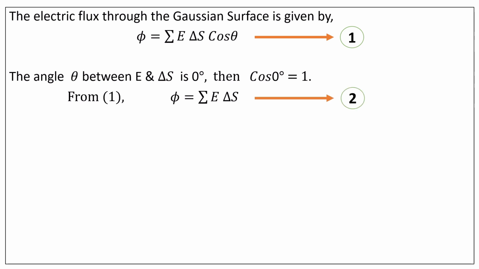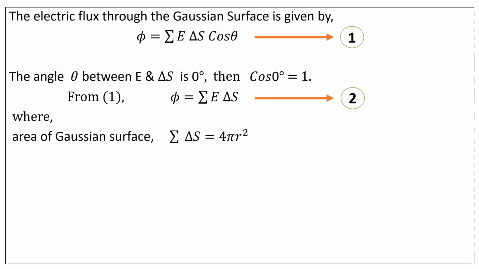From 1, phi is equal to summation of E into delta S. Equation number 2, where area of Gaussian surface, summation of delta S, is equal to 4 pi r square. Substitute in equation 2. We get phi is equal to E into 4 pi r square.